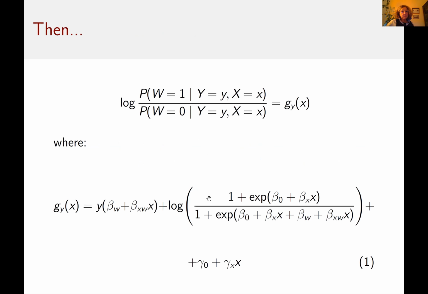So if you put the pieces together, you can write the logistic model for w against y and x, and you may simplify this, getting this expression, where the first bit is a function that comes from the outcome model because it contains the beta, whereas this bit here is a function of w against x.